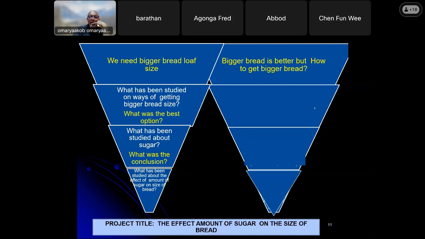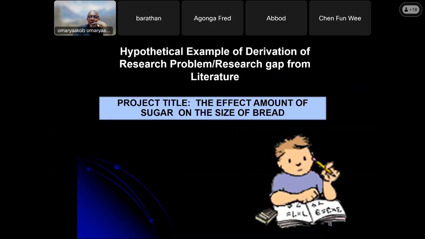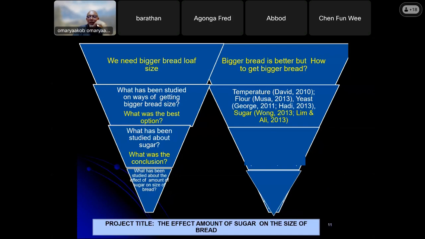Right? So, okay, he found six papers. David studied temperature, Musa studied flour, yeast was studied by Josh and Hadi, and then sugar, Wong and Lim and Ali studied sugar.